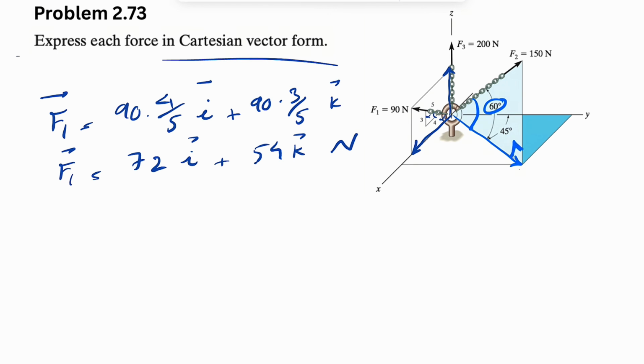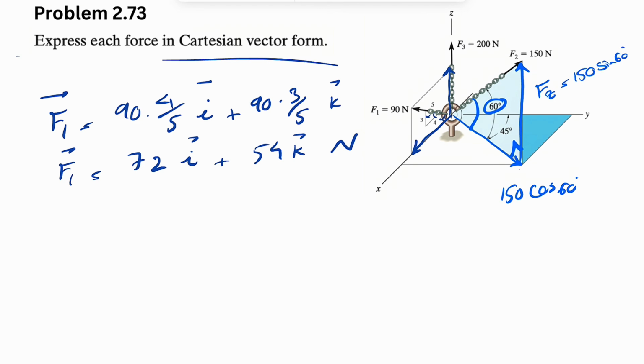Let's put the value 150 for F2, because the adjacent of 60 is going to be 150 cosine of 60 degrees. And this is going to be the opposite, which is the Z component, so we can call this one FZ, which is 150 sine of 60 degrees.